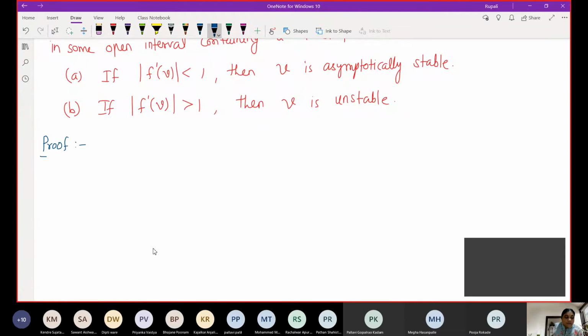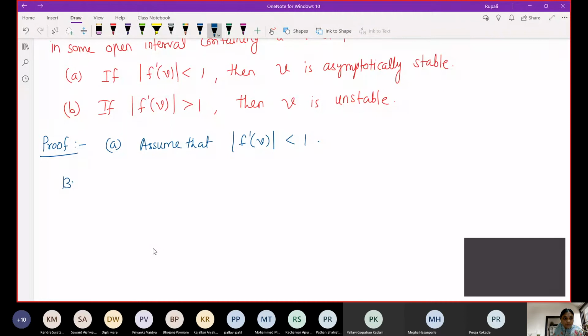What is given? F has a continuous first order derivative. So first we will assume that mod of f dash at v is strictly less than 1. Now what is given? F dash has a continuous derivative.